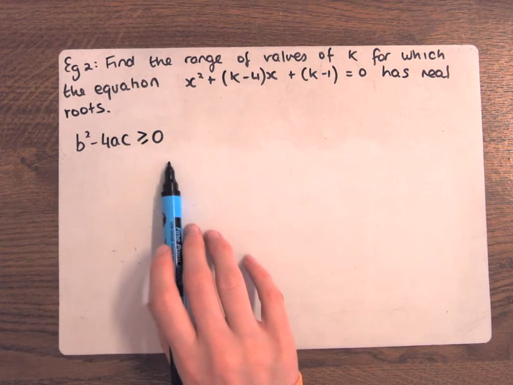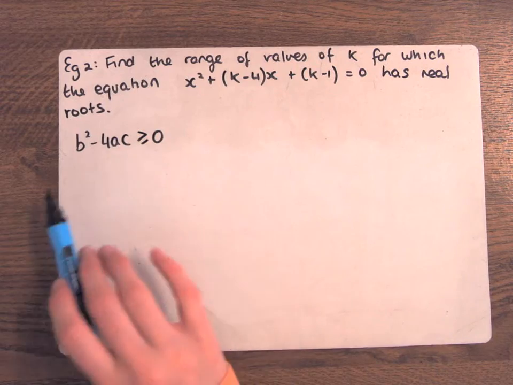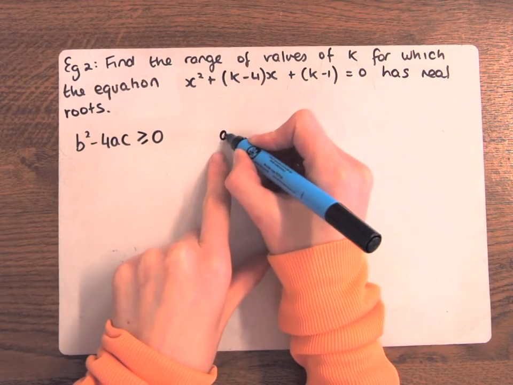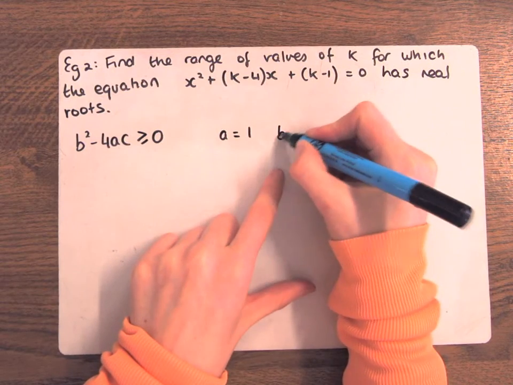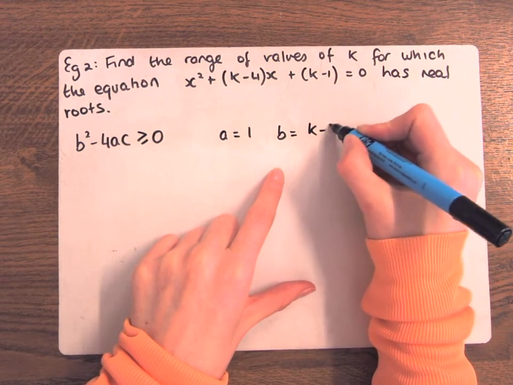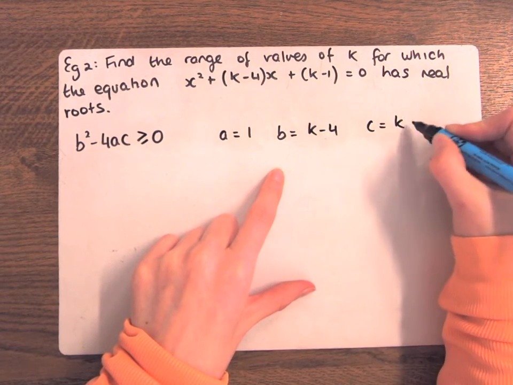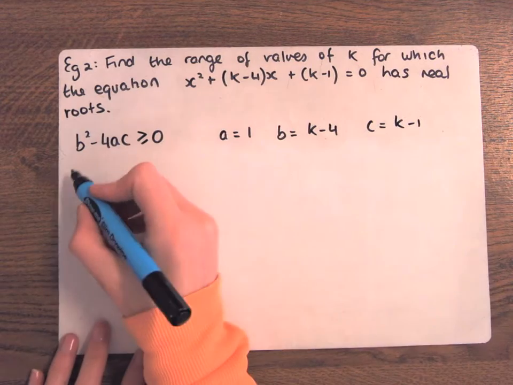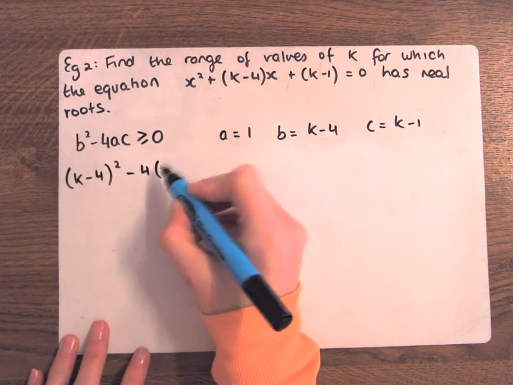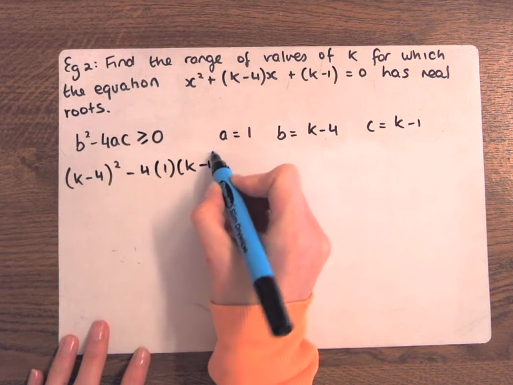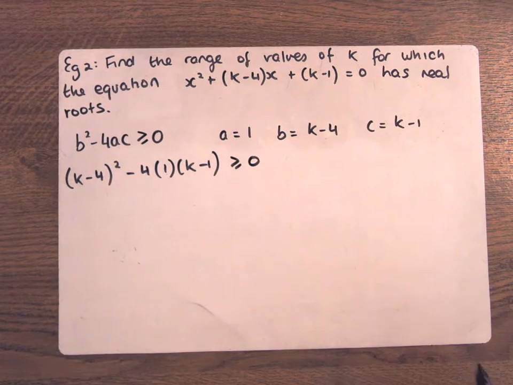It means this. Okay? So, let's write down what my A is. A is 1, B is k minus 4, and C is k minus 1. So, B squared minus 4AC is greater than or equal to 0. Any issues there?